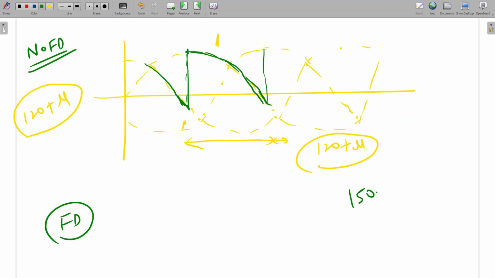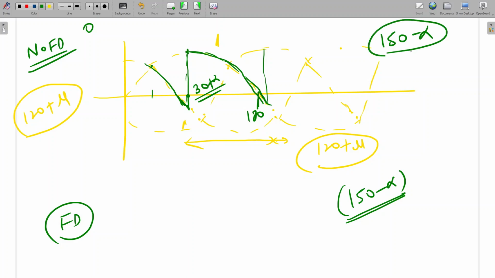The actual conduction with the freewheeling diode is this 180, minus 30 plus alpha. So without the freewheeling diode and without overlap, the conduction angle is 180 minus 30, that is 150 minus alpha. But here what will happen?